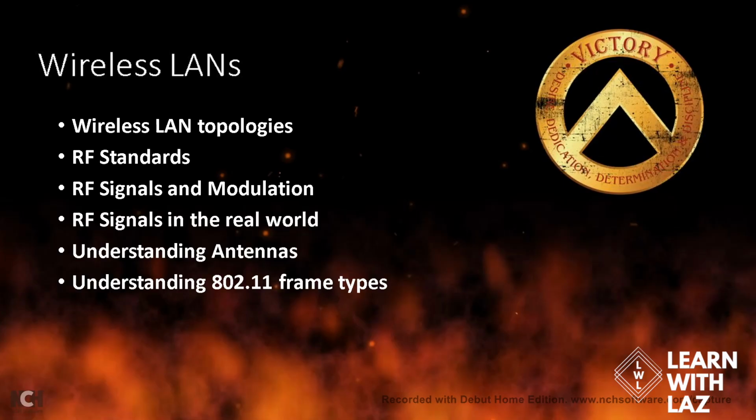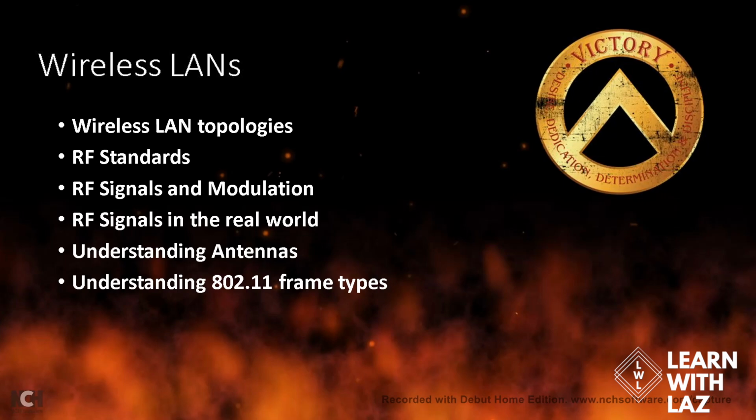AX is out, but I doubt anybody's using it yet. But topologies you need to understand, because you could be doing independent service sets, basic service sets, extended service sets, distribution types of topologies where you're going from wireless to wired, and things of that nature. So we'll be talking about wireless LAN topologies.